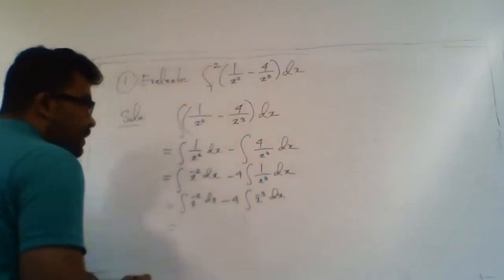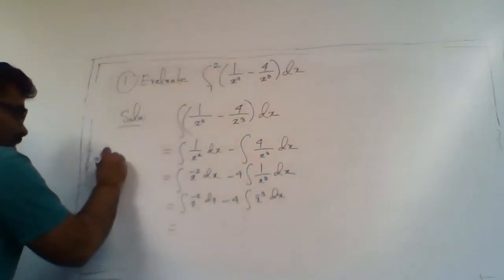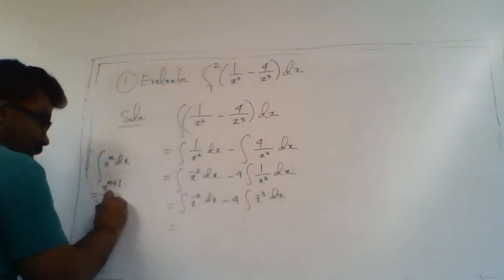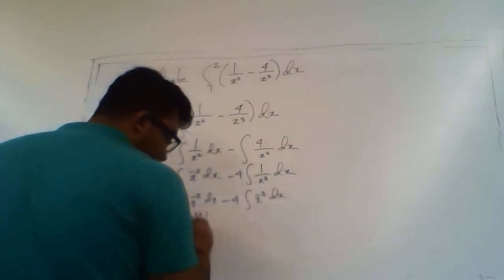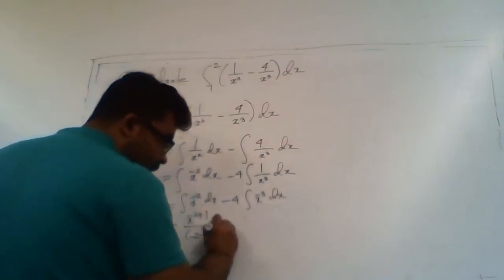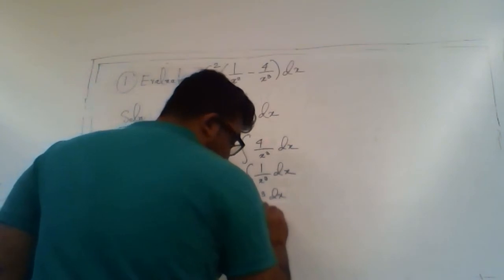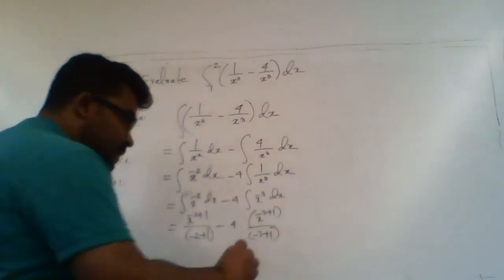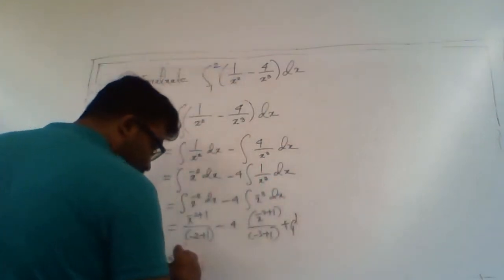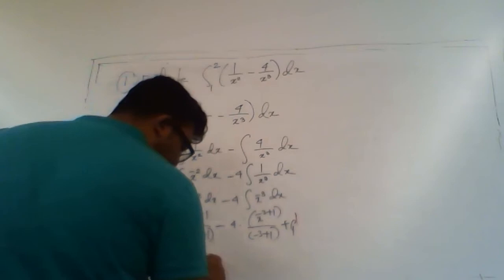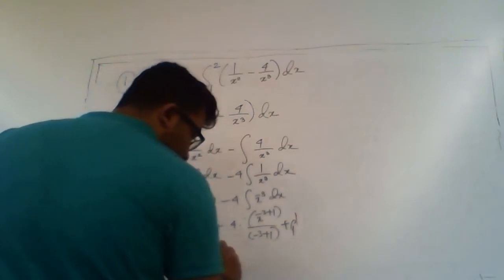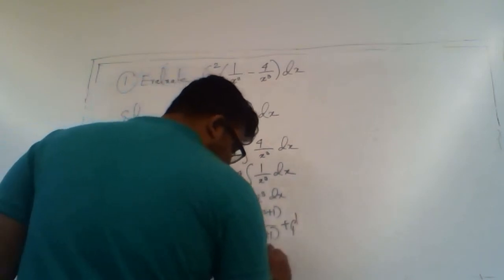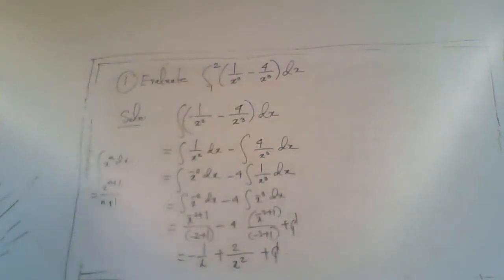Now using the formula integral x^n dx equal to x^(n+1) by n plus 1, you get x^(minus 2 plus 1) by minus 2 plus 1 minus 4 x^(minus 3 plus 1) by minus 3 plus 1 plus c. So you get minus 1 over x plus 2 over x square plus c. If you simplify this, this is what you get.